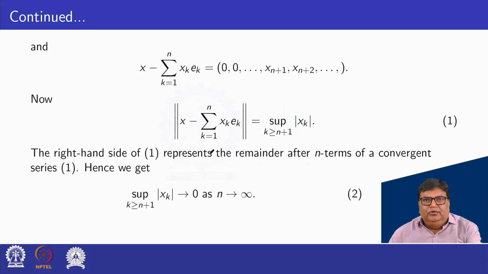So the norm equals the supremum of mod xk. The right hand side of equation 1 represents the remainder after n terms of the convergent series, equation 1. Hence we get the supremum of mod xk converges to 0 as n tends to infinity.